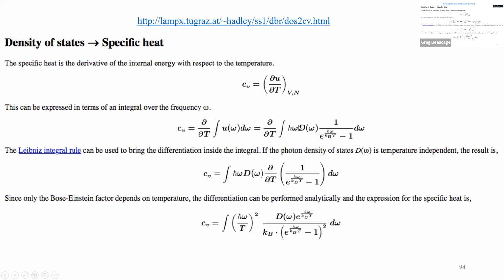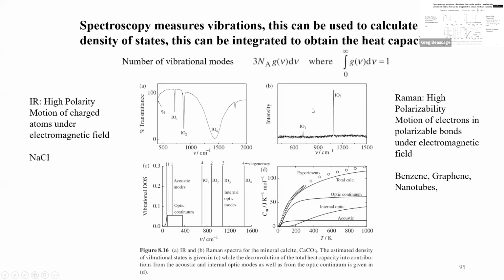You get the density of states from Brillouin, Raman, IR, or combined, or you can calculate it with a simulation like density functional theory. In this case, you can break it apart into acoustic, optic, and total contributions to the heat capacity.